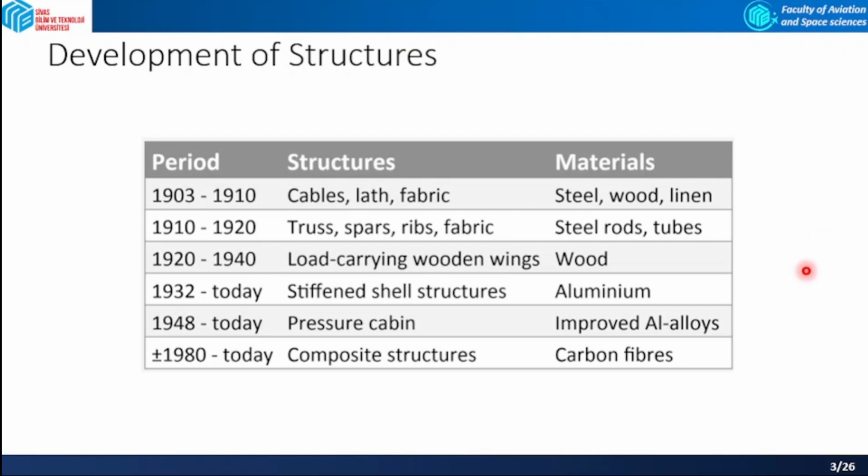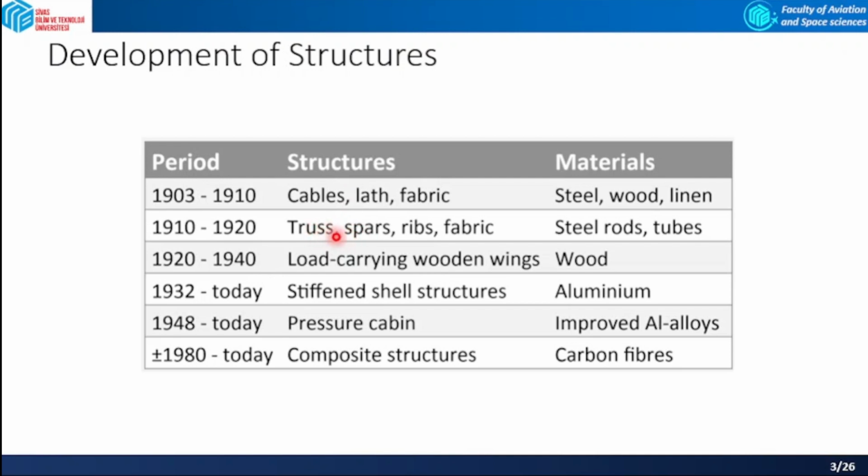If you look at the use of structures during the history of aircraft, you can make the overview as presented in this table. So in the early times, from the beginning of the 20th century, the aircrafts had the truss structure, and you will probably know about the truss and these kind of things in the static course.